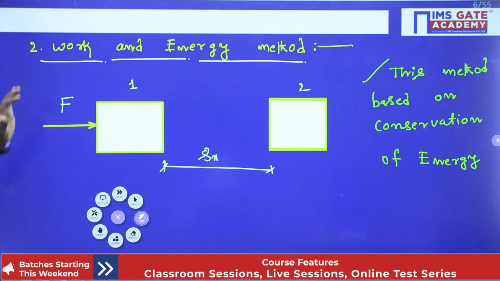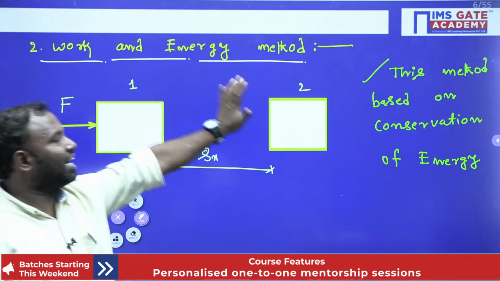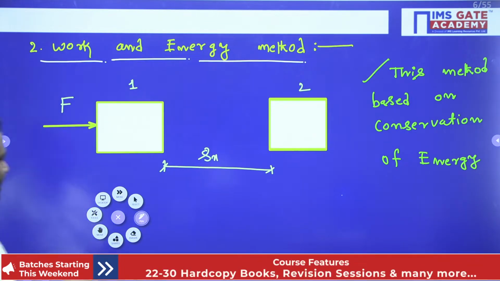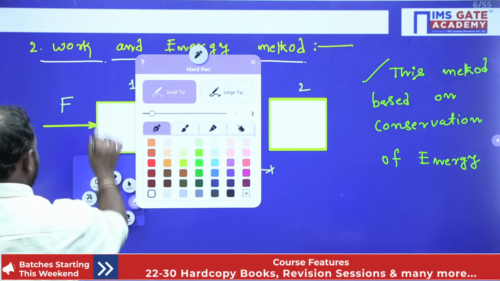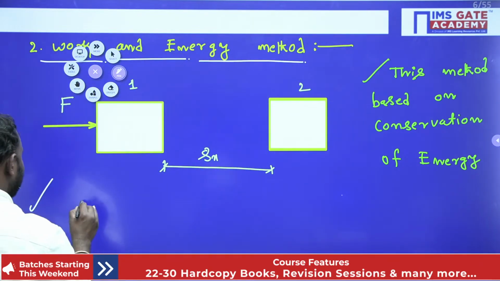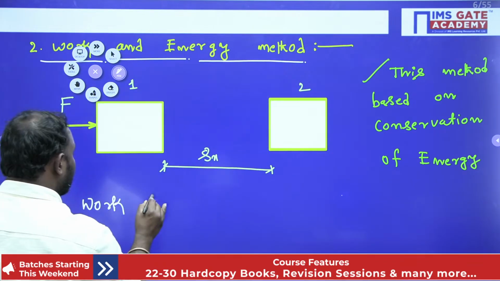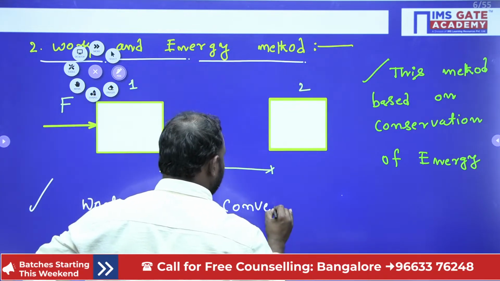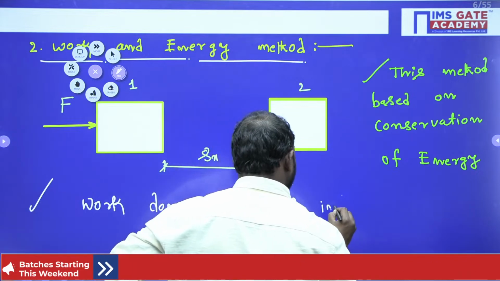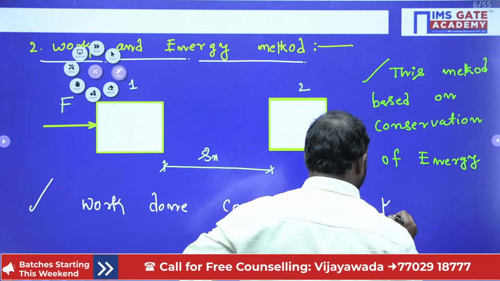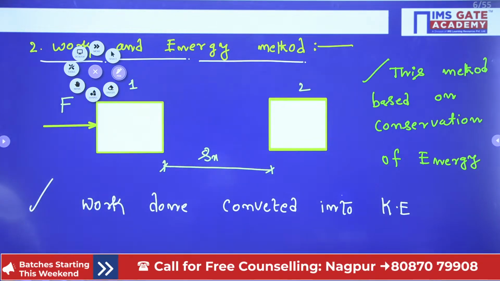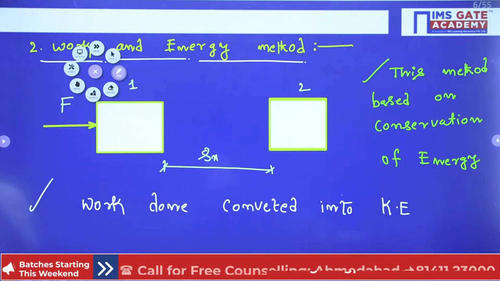So we are giving some energy to this body such that it changes its kinetic energy. All right, guys. Now work done is converted into kinetic energy. Work done converted into kinetic energy. Hope you understand.